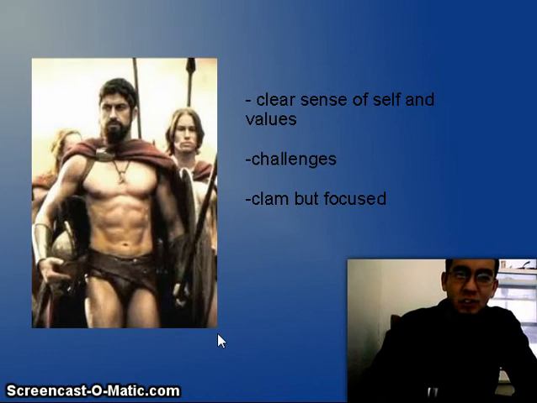Another aspect is challenging. He challenges his men. He challenges Xaxos in that situation. Here's our challenge, or here's our obstacle, and this is what we're going to do. So a clear denial of what we're not going to do, but also a challenge of this is what we are going to do. That kind of decisiveness can have its advantages in certain situations.